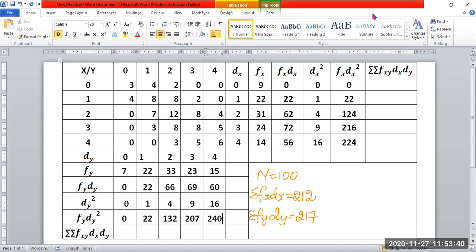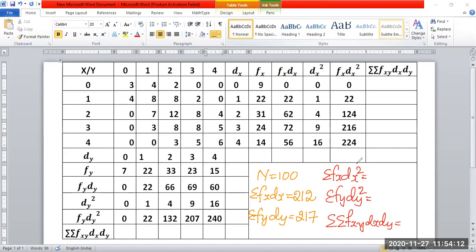Now we go for total. Yes. So total is summation of fx dx square total, summation of fy dy square total, and double summation fxy dx dy. Let's see what is the answer. Now total it. 0 plus 22 plus 124 plus 216 plus 224.